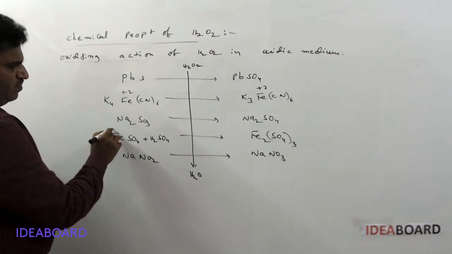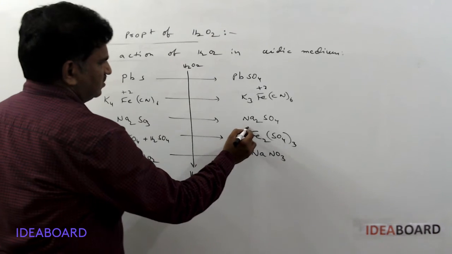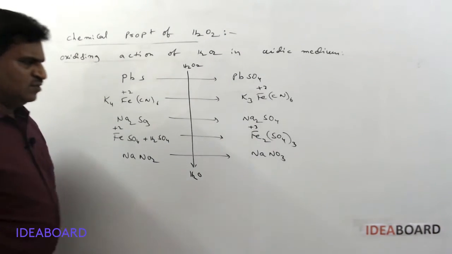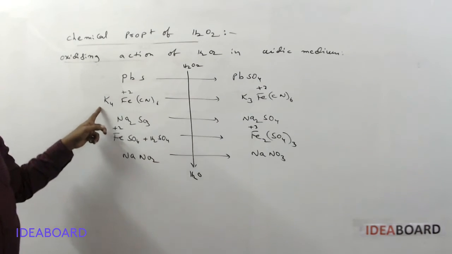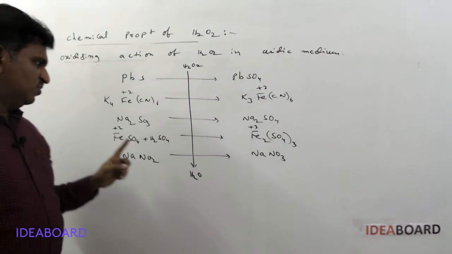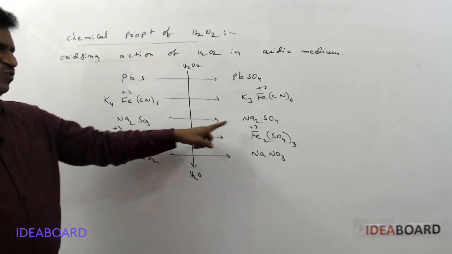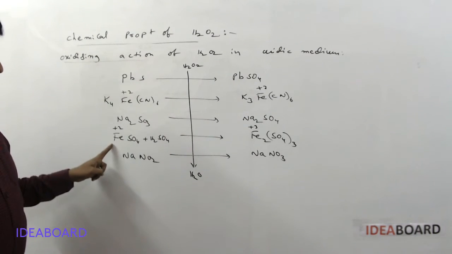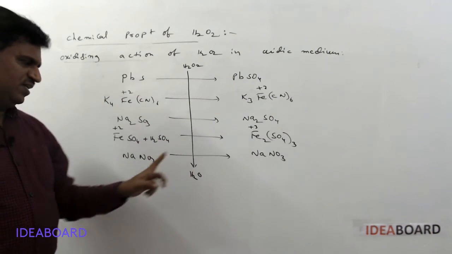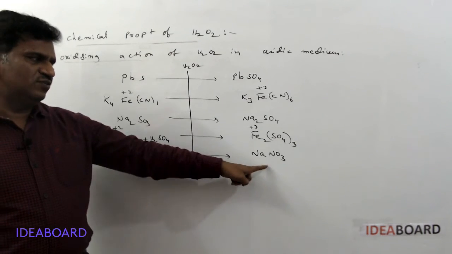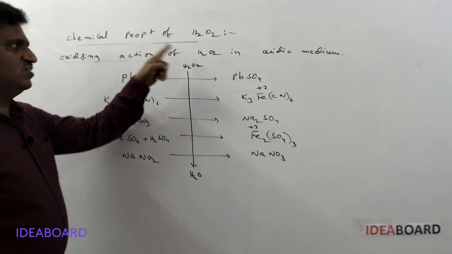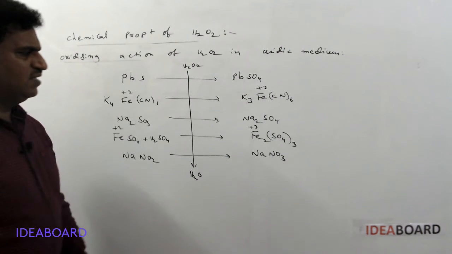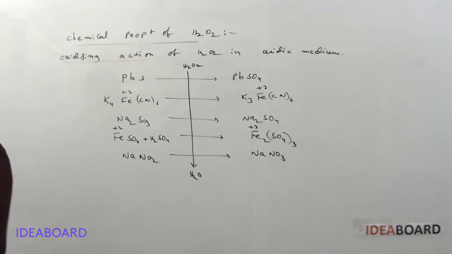So like that: lead sulfide to lead sulfate, potassium ferrocyanide to potassium ferricyanide, sodium sulfite to sodium sulfate, ferrous sulfate to ferric sulfate, sodium nitrite to sodium nitrate. These are the oxidizing actions of hydrogen peroxide in acidic medium.